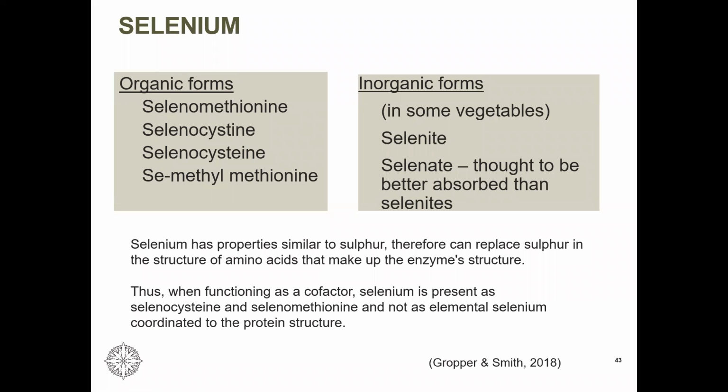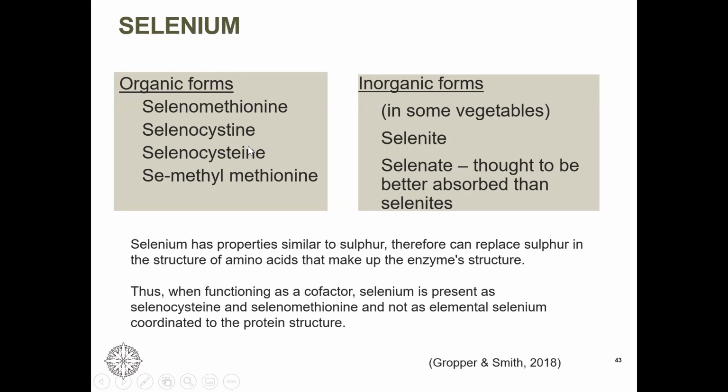Selenium is that important trace mineral about which we'll talk a little more. Again, it has some organic forms and some inorganic forms. So we have selenomethionine, selenocysteine. Now you must be thinking that this looks like some amino acid. You are right. Selenium actually exists in nature and in our body in a form called selenoprotein.